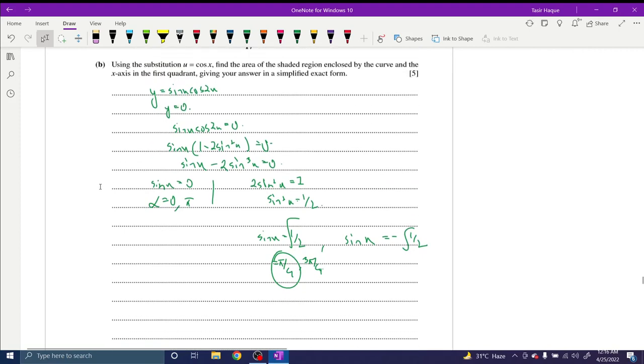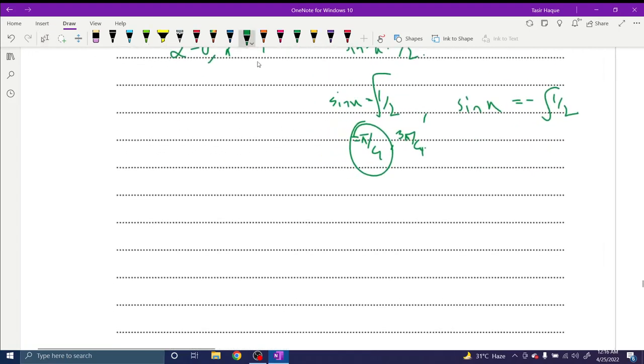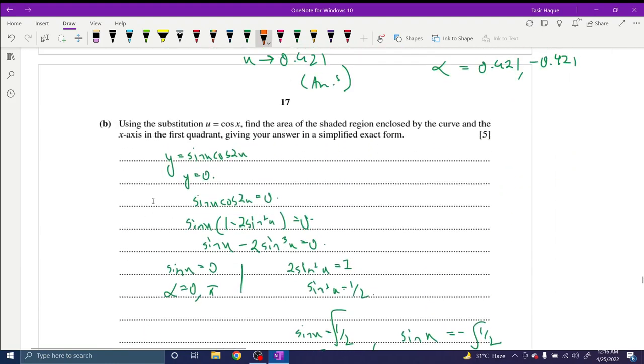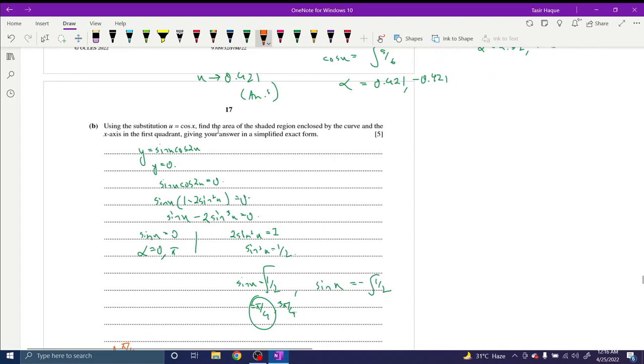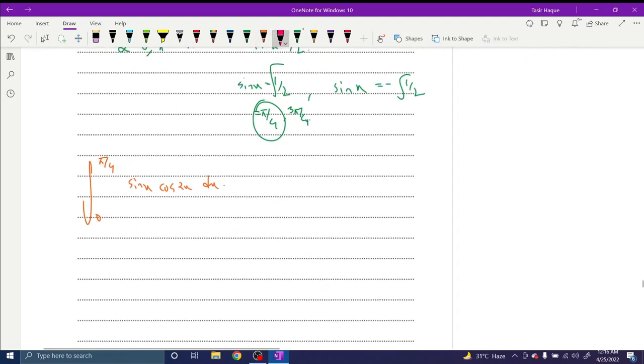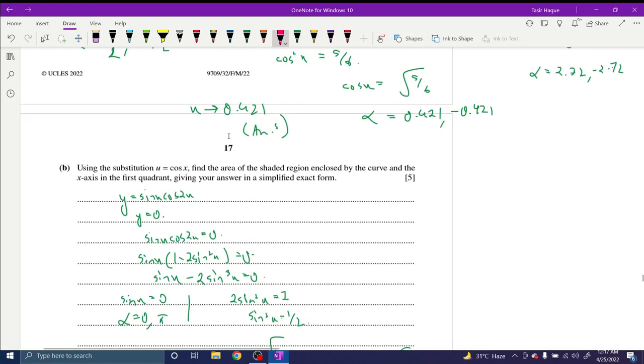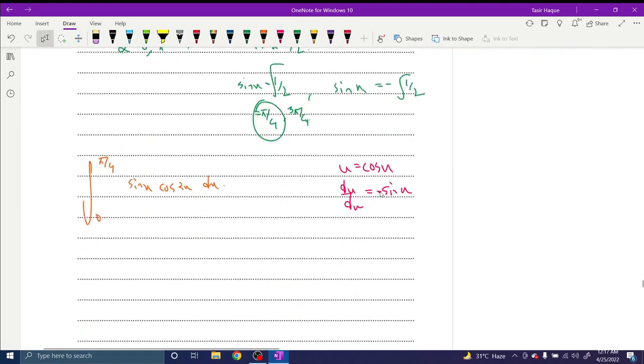And we want to integrate sine x cos twice x dx. This is our goal. But we're going to use substitution. How? We know that u is equal to cos x, right? So du by dx is equal to minus sine x, basically.